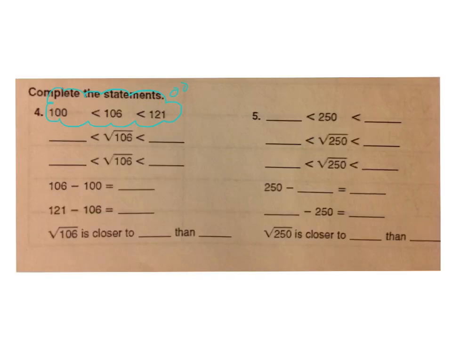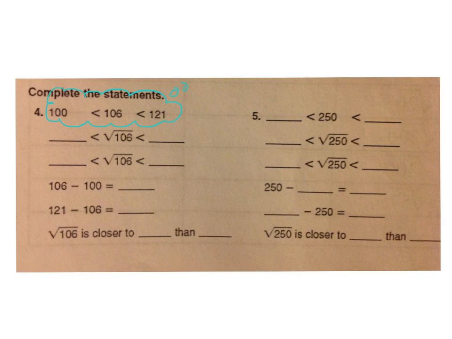Okay, we want to refine our process a little bit more so we can get an even better estimate. We want to be able to estimate at least to the tenths place. So we're going to have to decide, do we want our estimate to be less than 0.5 or greater than 0.5? And one way we do that is we look at how close we are to the different perfect squares on either side of our problem.